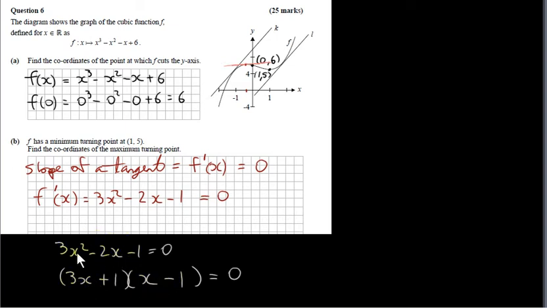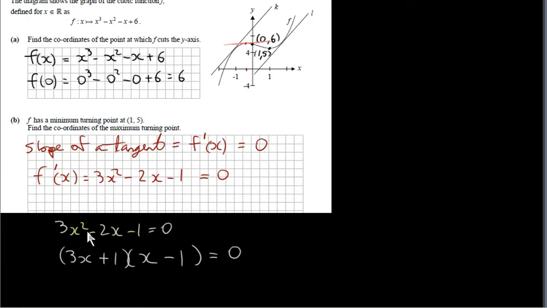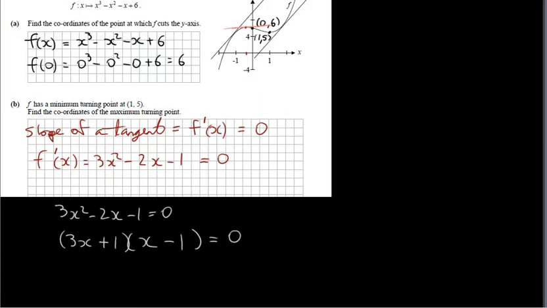So luckily, this quadratic has factors. If you don't know how to do factors, you can use the minus b formula, of course. Anyway, to check that these are right, we only need to multiply like this. We get minus 3x plus 1x is indeed the middle term, minus 2x. So these are the factors of the quadratic equation.